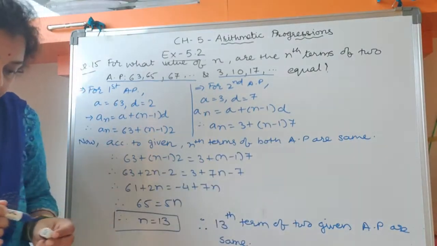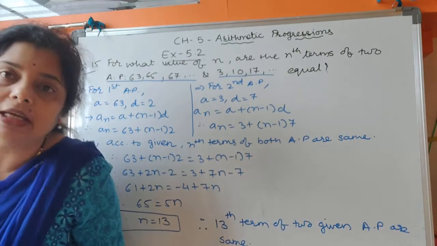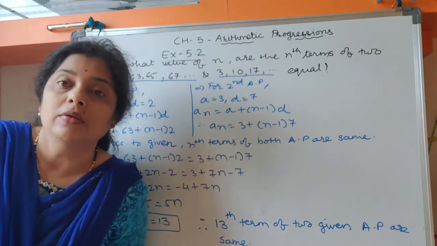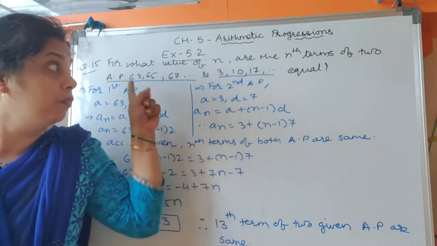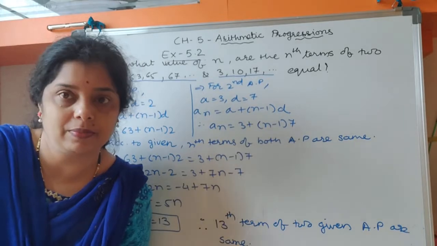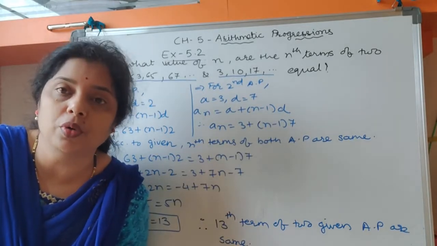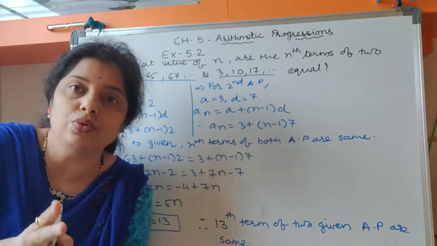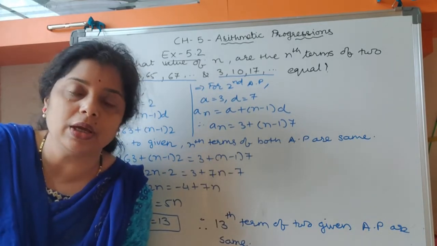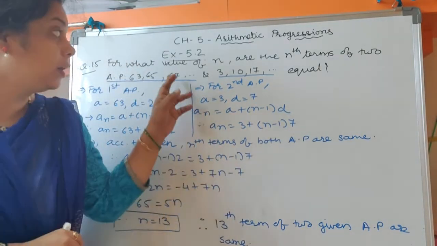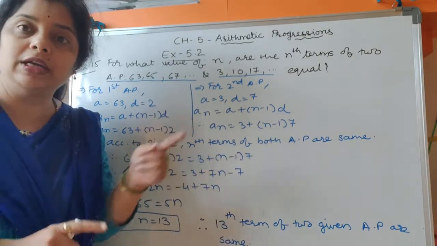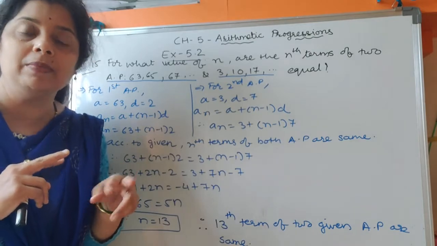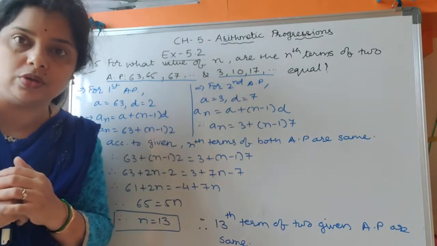In short, two different APs are given and they are asking to find out which term of both the APs is the same. It means the nth term of the two APs must be the same. By using the values given for the first term and the common difference of both APs, we are going to find the solution.